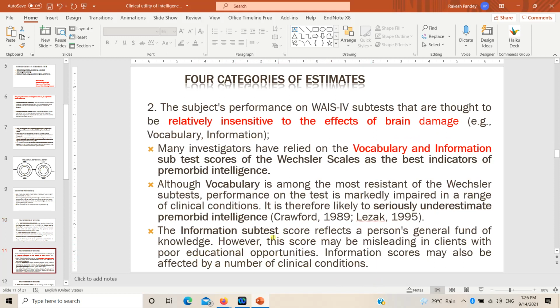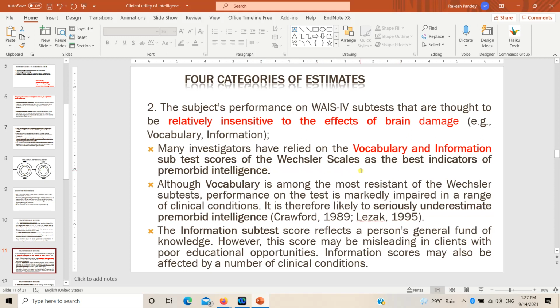Vocabulary and information have been suggested by many researchers as this type of subtest, which is least influenced by brain damage and psychopathology. So the vocabulary and information subtest scores of the Wechsler scales can be considered the best indicators of premorbid intelligence. Why? Because we are assuming that these tests are relatively uninfluenced by the effects of psychopathology and brain damage.